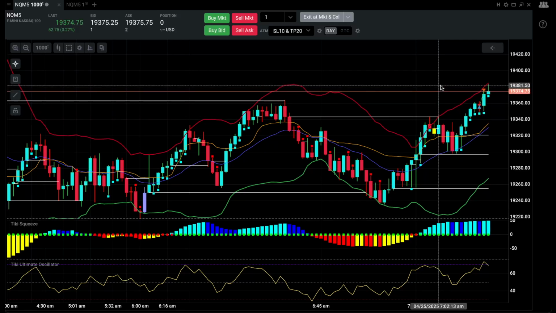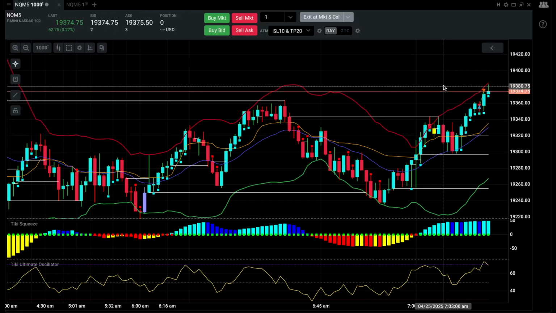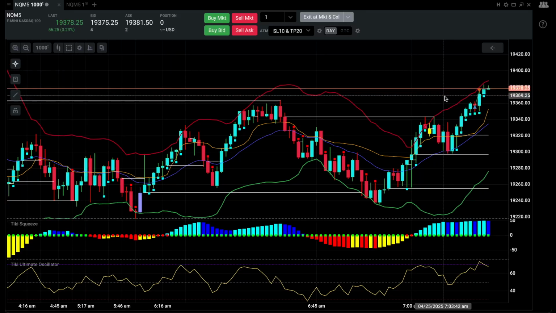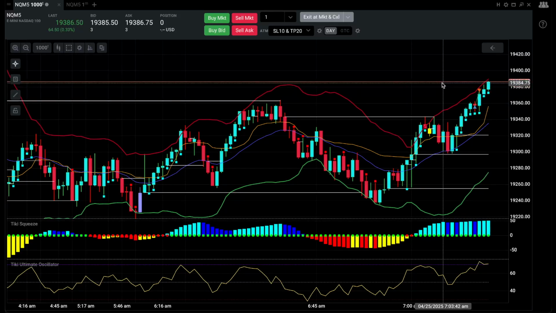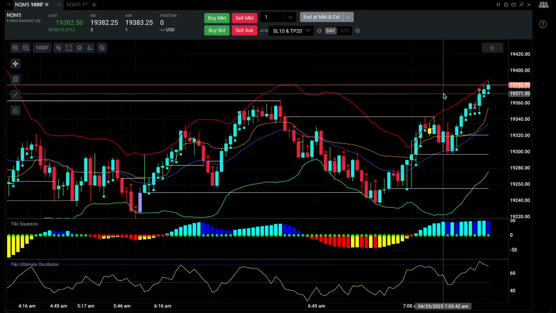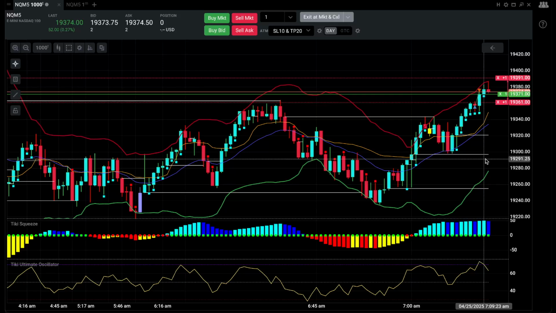So instead, we're going to wait. I like the candle to close though to make sure that is the top. So there we go, it's just closed. So now we say that's 380, and now we're going to put it at 370, and hopefully it's going to come back, and yes, order filled.